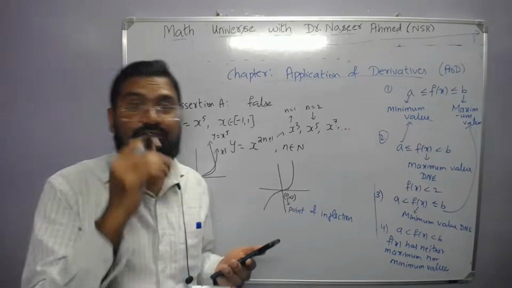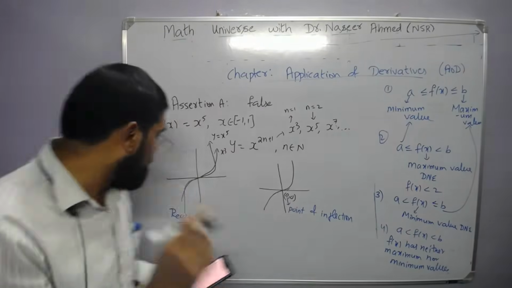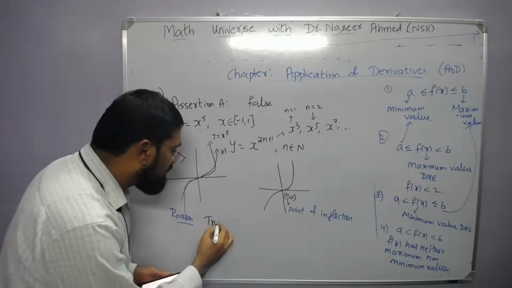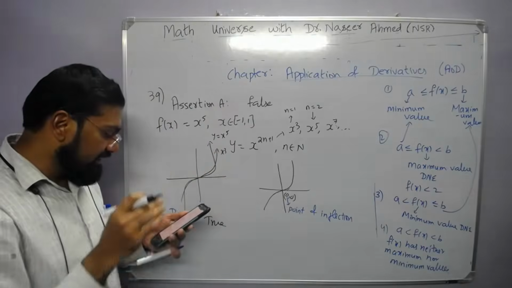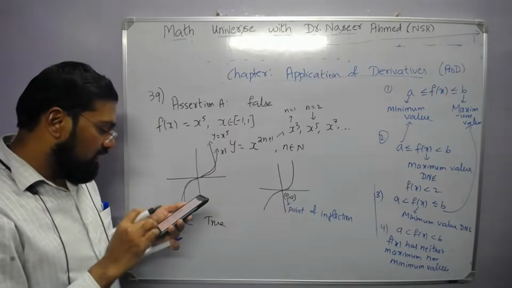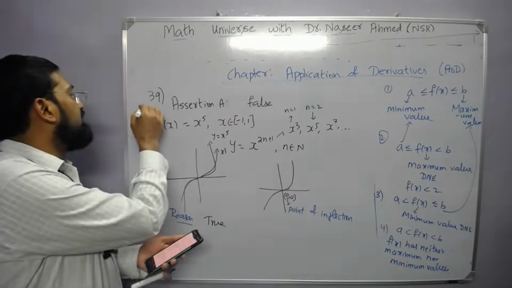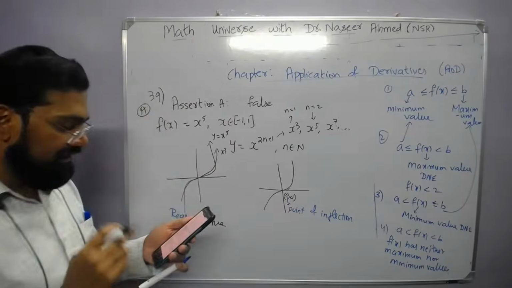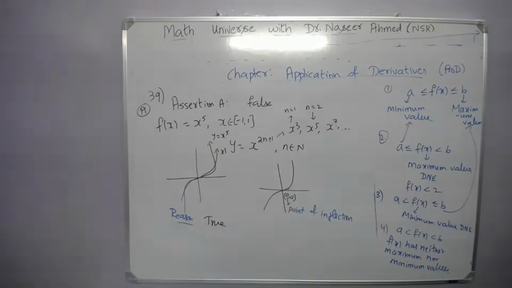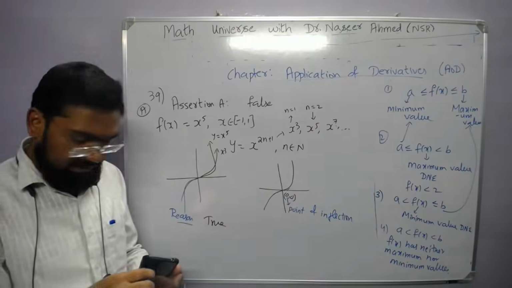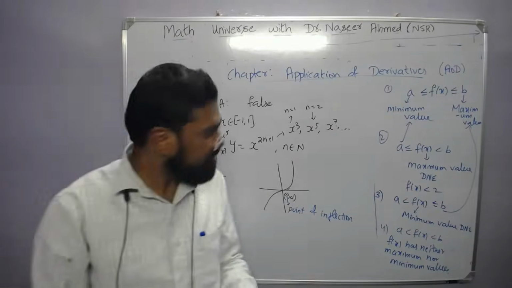Corner points. That's the concept I gave. Yes, it can only occur at corner points, and this is true. So the assertion is wrong and the reason is true. So option A is correct. Option A said assertion is false and reason is true. Yes, that is correct.